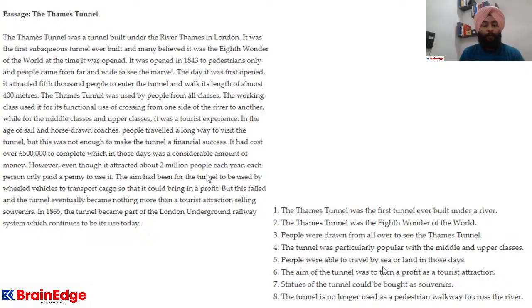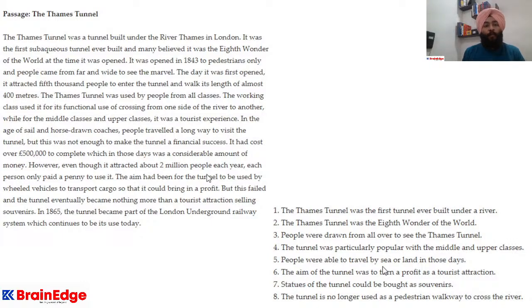Okay, you might have paused it, so let's begin. The Thames Tunnel was the first tunnel ever built under a river. Anywhere else in the world, there was no such tunnel built. This was the first of its kind, the giant, the mammoth, the first one. Let's see.